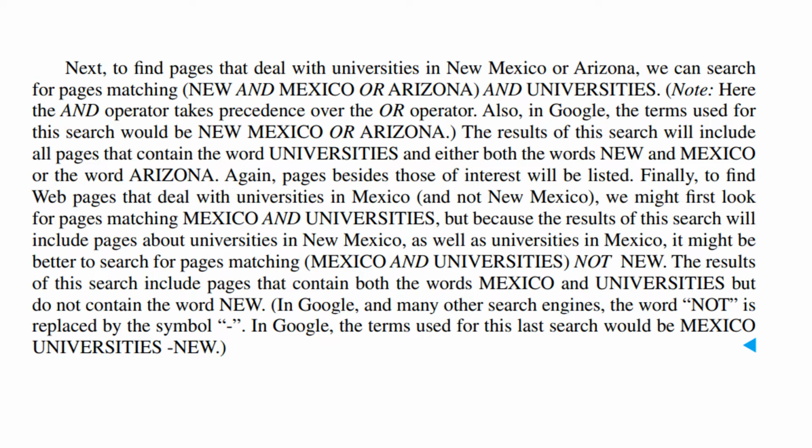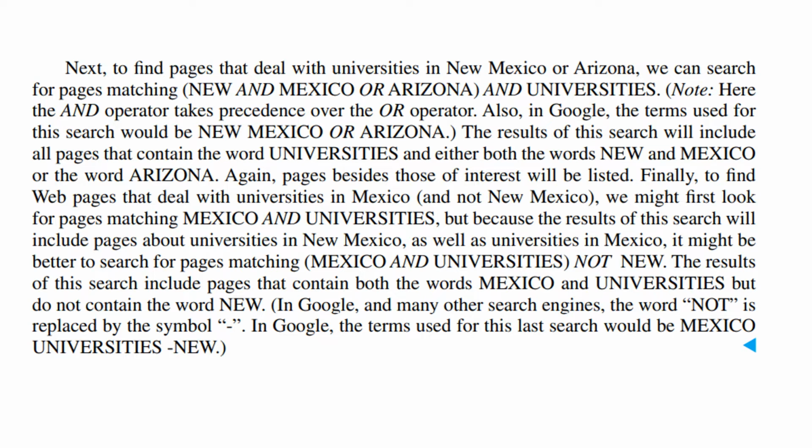Finally, to find web pages that deal with universities in Mexico, not New Mexico, we might look for pages matching Mexico and universities. But because the results of this search will include information about universities in New Mexico as well as universities in Mexico, it might be better to search for pages matching Mexico and universities together in parentheses, and not new.